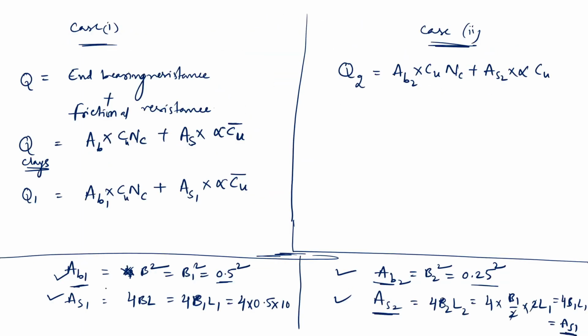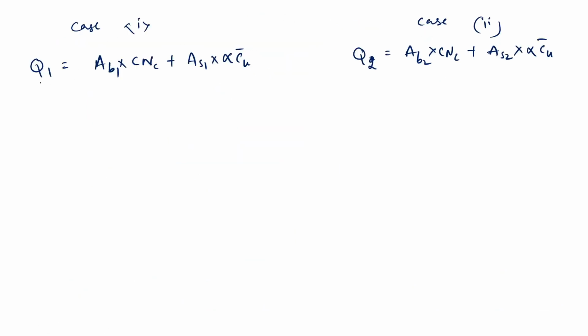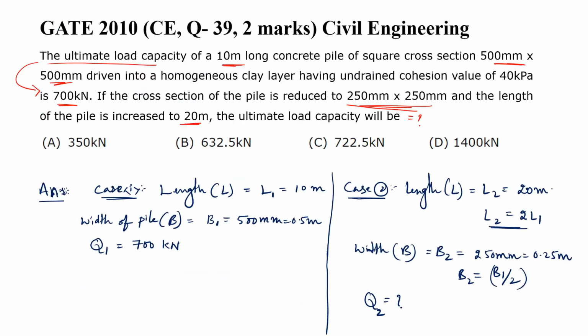So substituting these values, in place of Q1 it is 700 given, AB1 is 0.5 square, C equal to 40 kPa, Cu. Q1 is 700. In the given data, I should have written this 40 kPa also. That is common anyway. Cu2 is also 40 kPa because that is common. That's why I didn't write it.